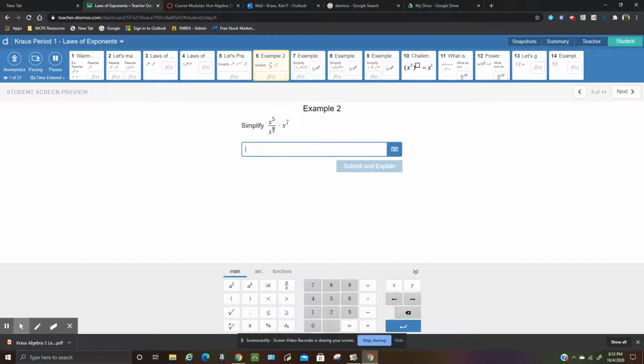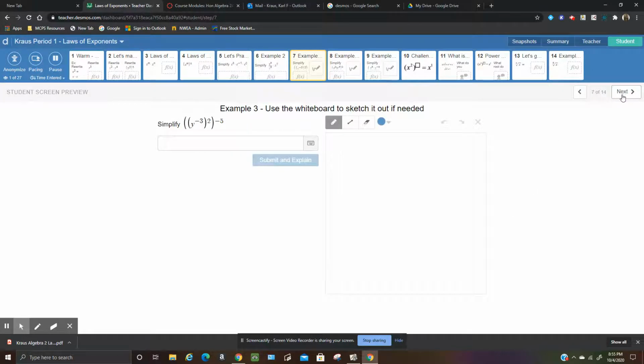Now here, if we do the division first, be x to the negative 4th power times x to the 7th equal x cubed. Here, you just want to multiply these all together.